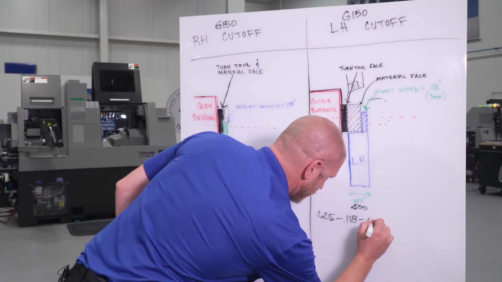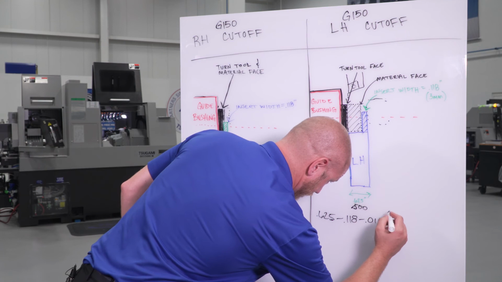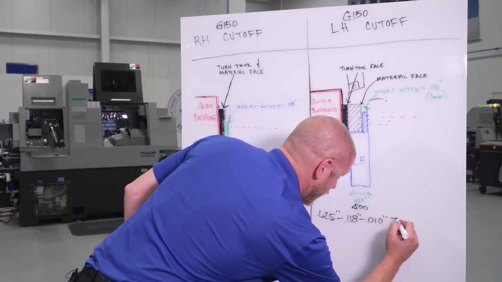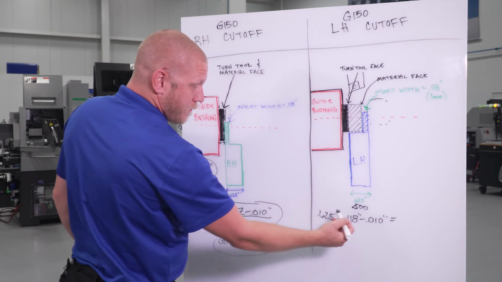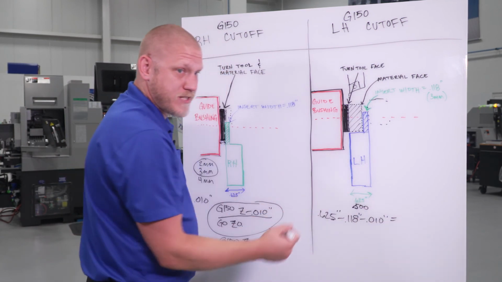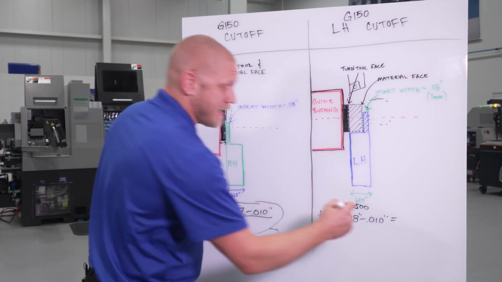So minus .010. This is all in inches. So we're going to take .625 minus .118, which gives us .507. Minus another .010 gives us .497.